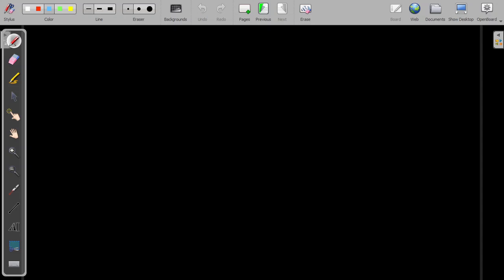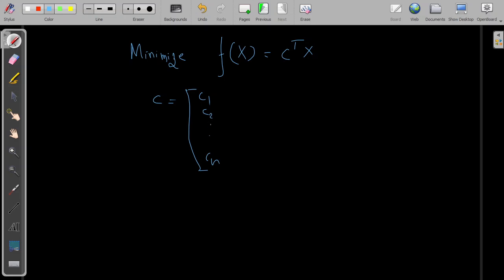Our LPP, in matrix notation, can be written as: minimization stays minimization, and f of x1, x2 is f of capital X, which is equal to C transpose X, where C is the vector that contains your coefficients C1, C2, etc., Cn.